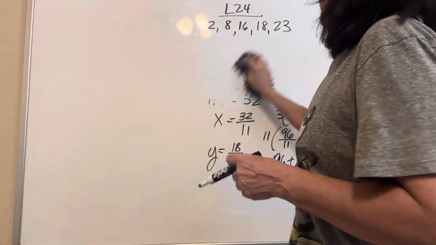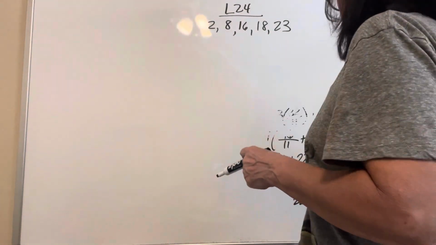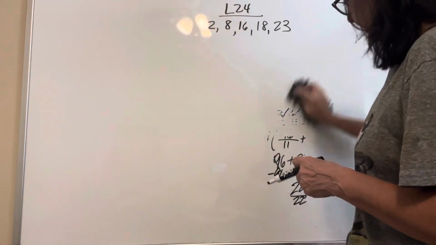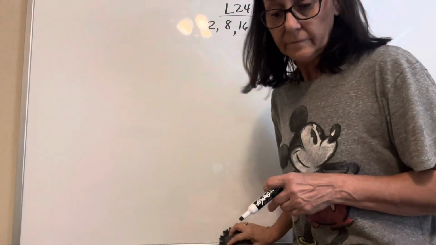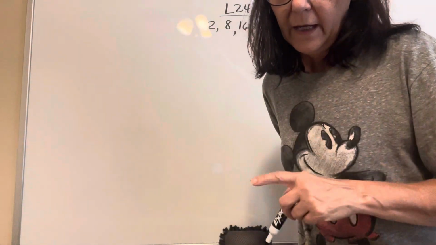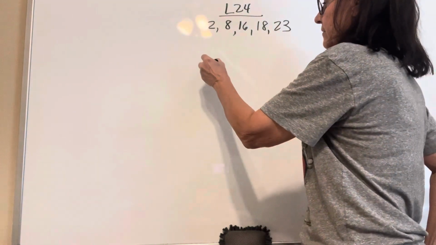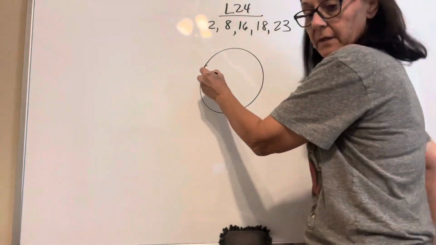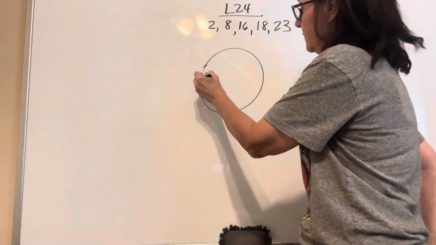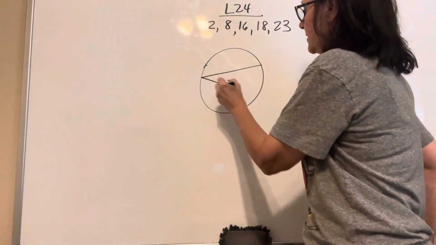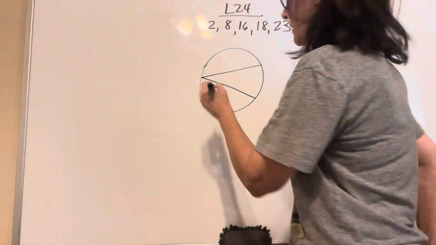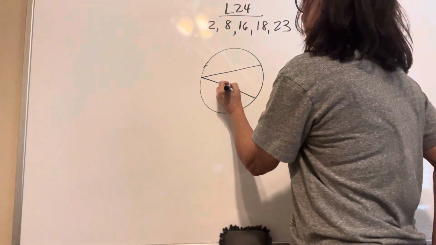Number 18. All right, number 18 has this image, and it wants to find the area of the 70-degree sector. Here's the center of the circle.